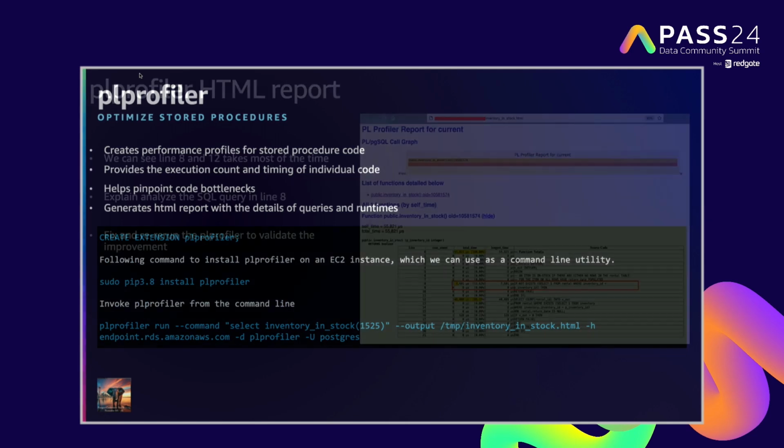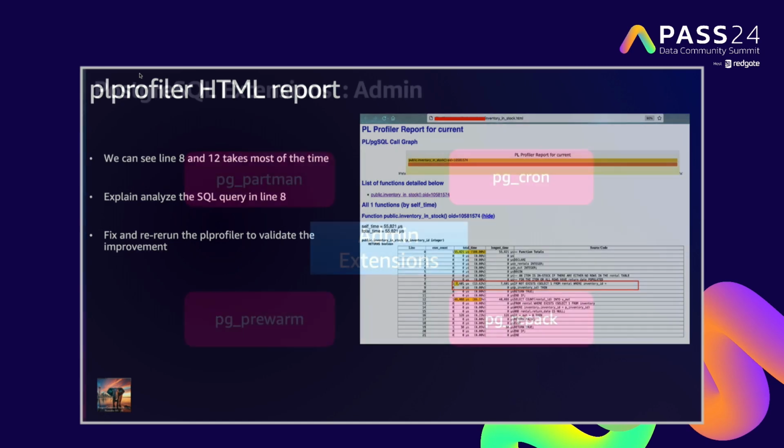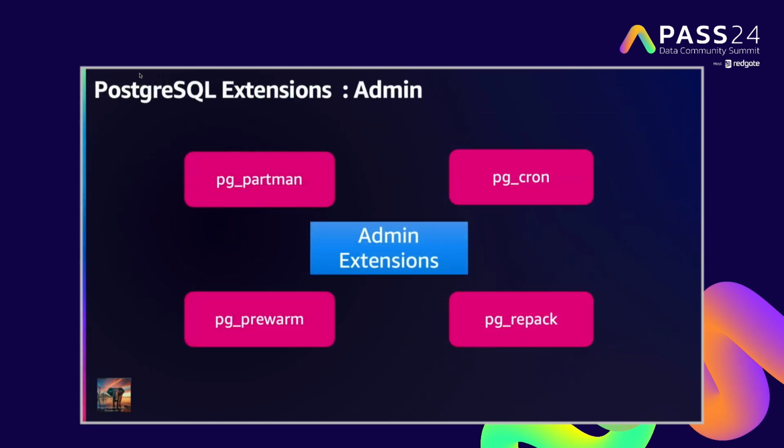That has a bunch of SQL statements in there. And it'll produce this HTML output, which clearly tells you which statement within that PL/pgSQL actually consumed the most time, right? So this is a good way of seeing where exactly in your stored procedures it's spending the time. It's a pretty good extension for performance-related profiling.